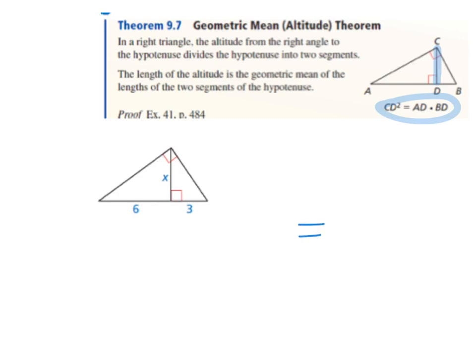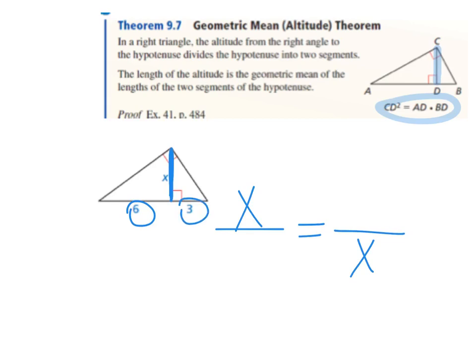So I'm thinking, all right, I'm going to set up my proportion, okay? And it says the altitude, in this diagram, is x, is the geometric mean. Well, we put our geometric mean in opposite corners, so we're going to have x and x. And in this case, when you have an altitude, it is the geometric mean of the two parts that it intersects.